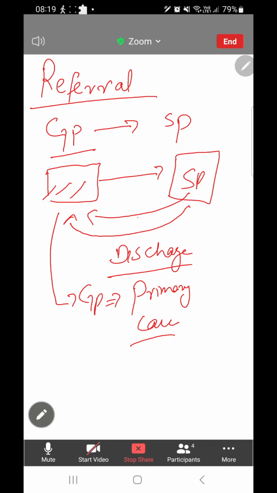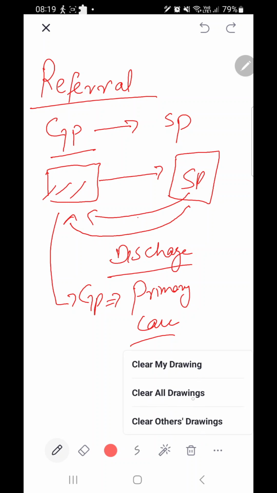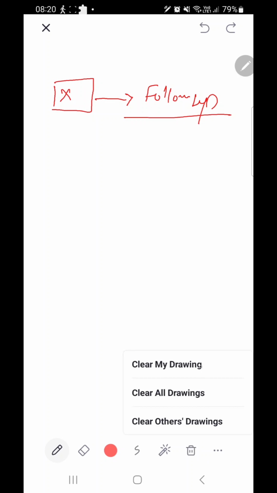It's a kind of discharge letter. Same in medicine, we have basically the patient being treated for some condition. Let's call it X. And now the patient is recovering. So we are writing this letter for follow up. So this is the concept of discharge letter.